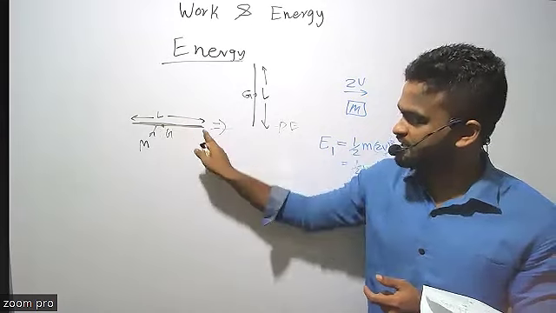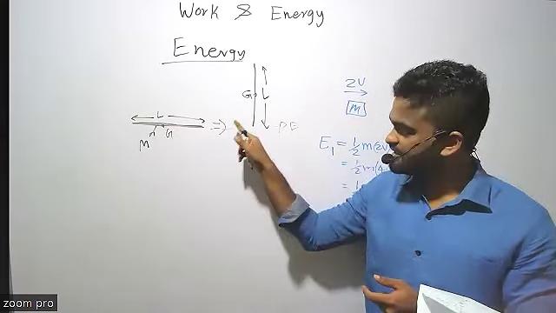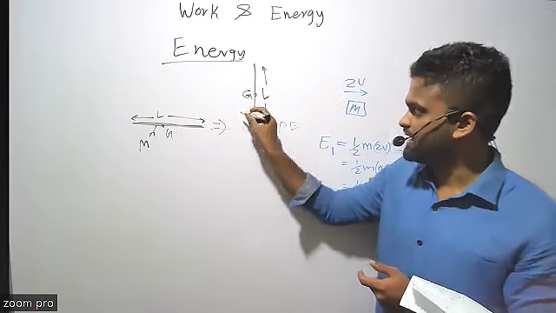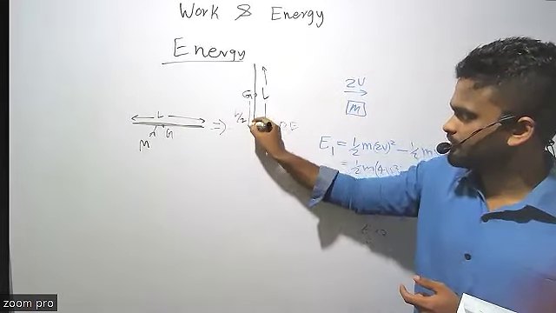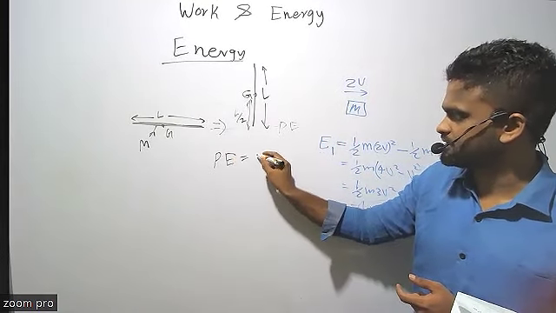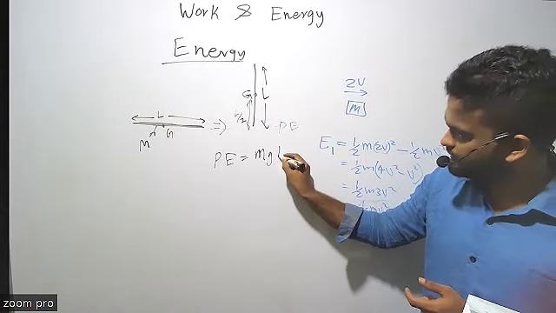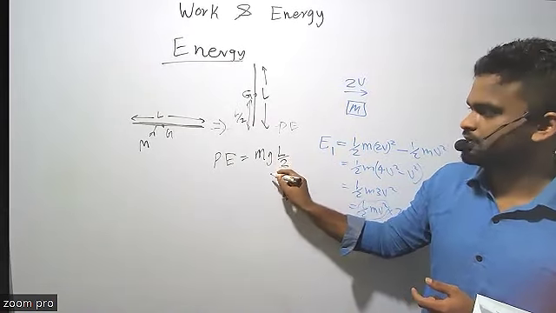Think about this point mass, capital M, instead of the ladder. The capital M is lifted by L over 2. So what's the increase of potential energy of the system? Capital M, g, lifted amount is L over 2.